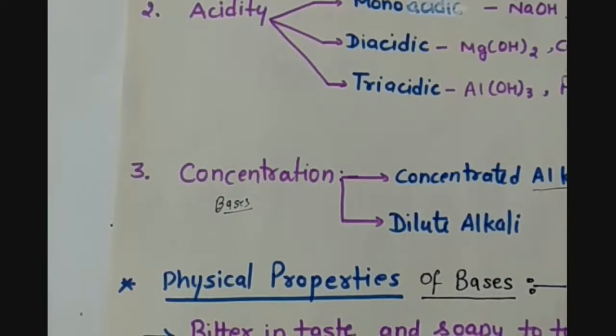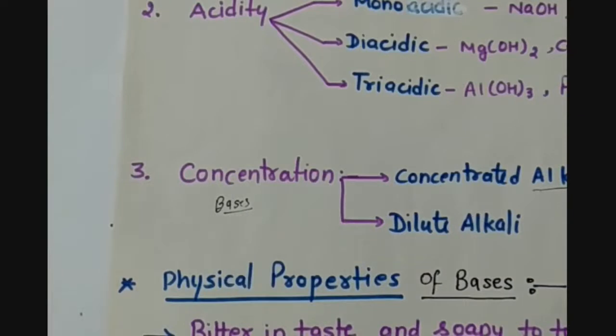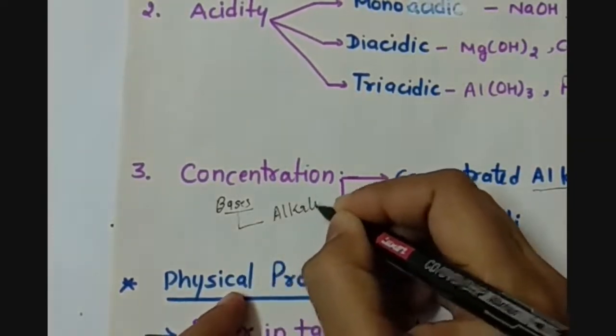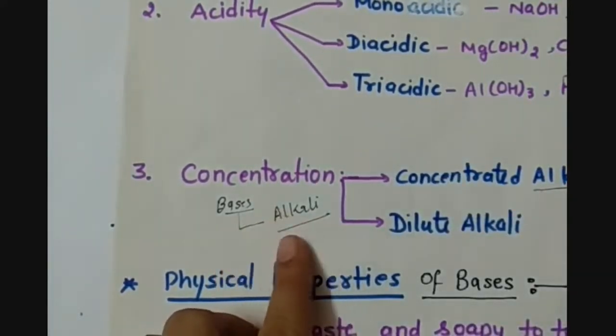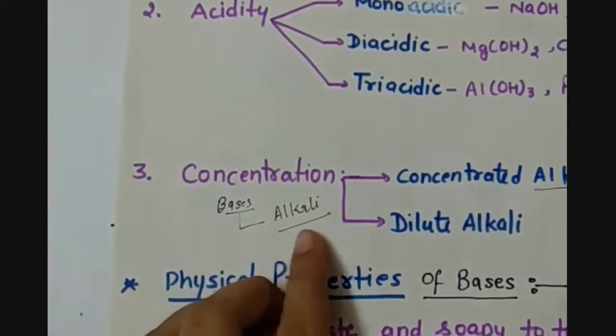The actual property of bases, to dissociate or provide OH negative ions when dissolved in aqueous solution, is only fulfilled by bases which are soluble in water. So the bases which are soluble in water are specially called alkali bases. Alkalis means the bases which are soluble in water. In this chapter we will be talking about alkali bases only.